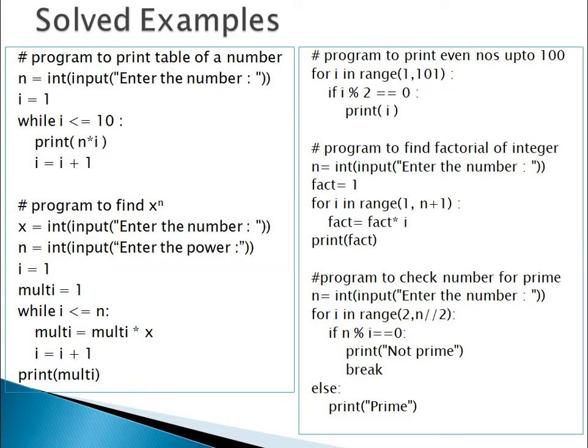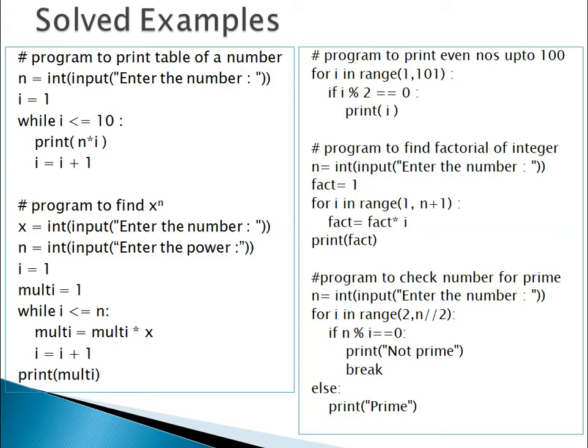So the value of I, that means the loop variable, will be in a sequence. What will be the sequence generated by this? There will be a sequence 1, 2, 3 dot up to 100. So the first value of I will be 1, then it will be 2, then 3, then 4, and so on. So you will check if I mod 2. This is the logic for checking an even number.